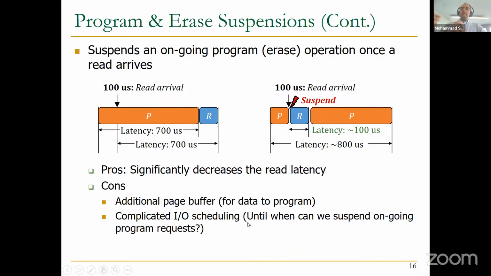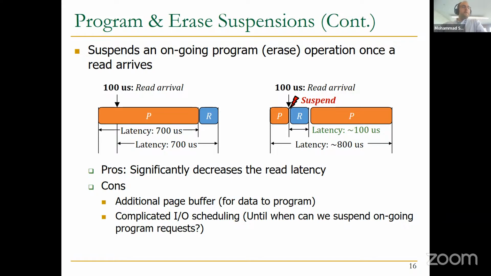Until when can we suspend ongoing program requests? At some point, it can cause some unfairness to write operations, or, for example, to applications that have more write operations. At some point they can get slowed down a lot because of all these suspensions. We discussed these things in an ISCA paper in 2018 called FLIN.